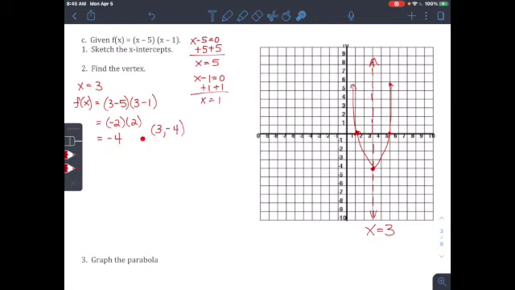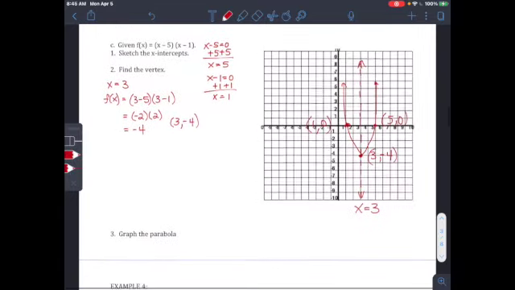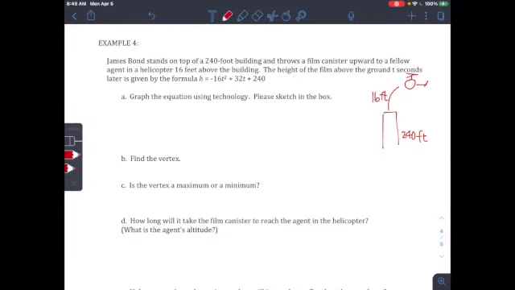So therefore your vertex is 3, -4, which is right here. Then right here, that's going to be 5, 0 for the first x-intercept, and the second one is going to be at 1, 0. That's your second intercept. And that is how you do letter C in graphing the parabola.